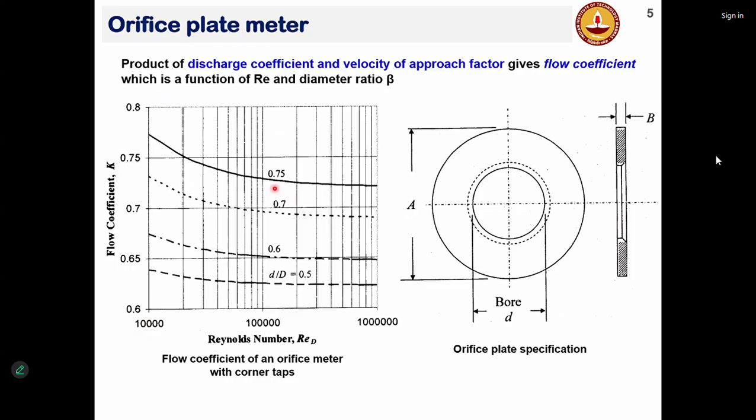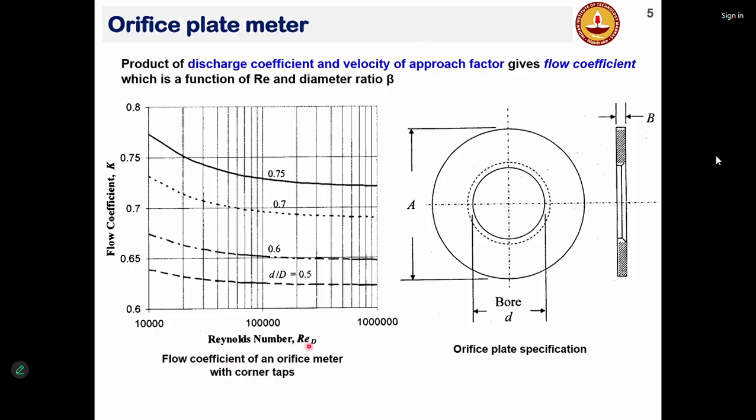When the d/D ratio is 0.75, that means the orifice is relatively larger, of course the losses are going to be smaller. So your flow coefficient is close to 1. But if you go for a very small orifice diameter, the flow coefficient is very small. That is showing the effect of d/D.